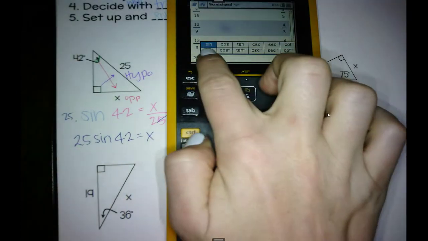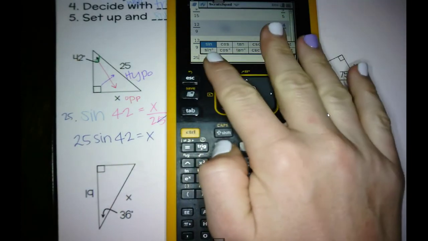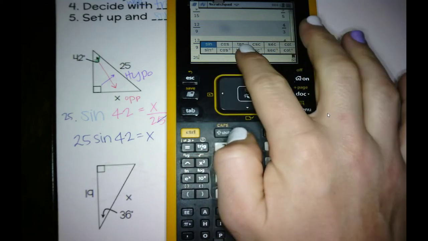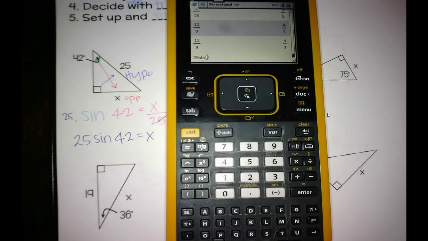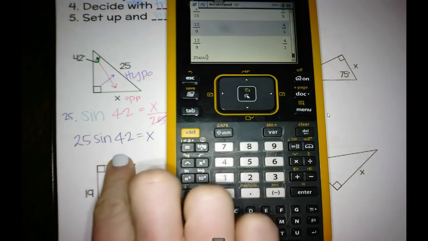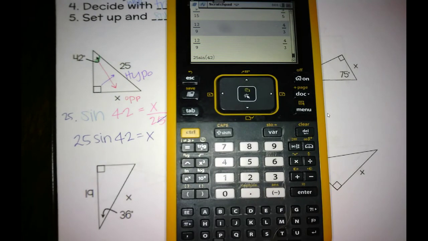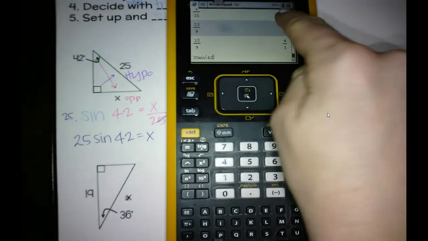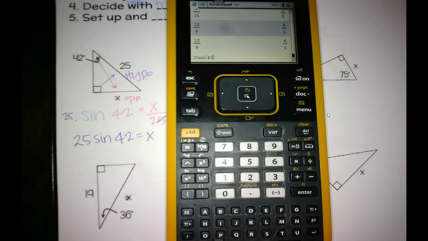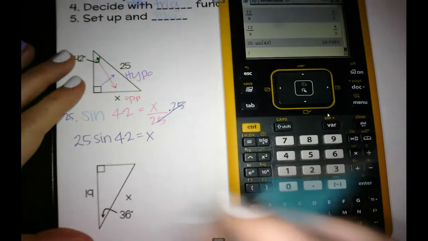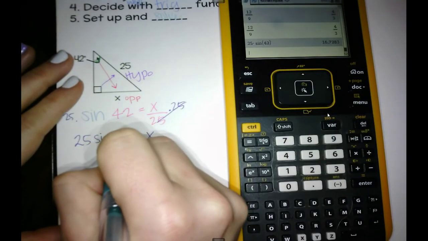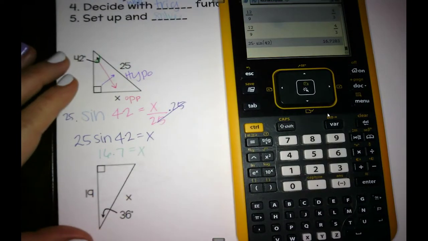All we're talking about right now are these first three, sine, cosine, and tangent. We're using sine, so sine is highlighted. Sine of 42 degrees. We're working with our degrees. That's why our calculator has to be in degrees. So hit enter. And x equals, let's just round to the first decimal, 16.7 equals x.